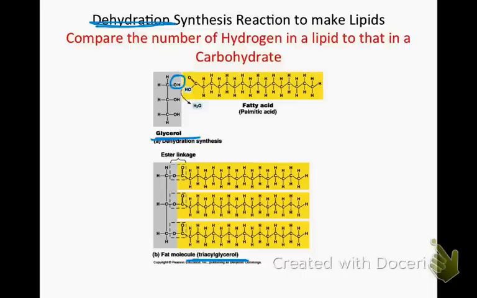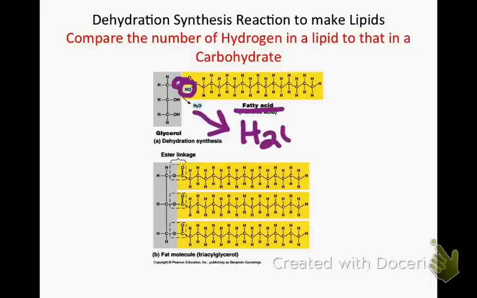So we take the OH group from this glycerol, just this. Let's erase that. We're going to take this hydrogen from this group. We're going to take the OH from this fatty acid, and once we combine that OH and that hydrogen, it makes H2O.